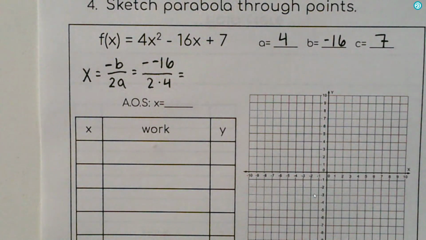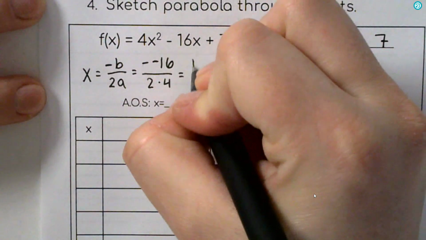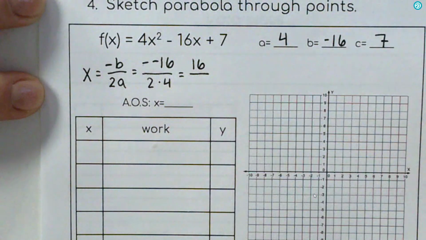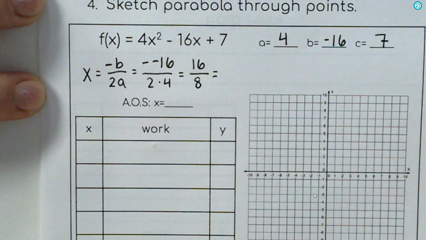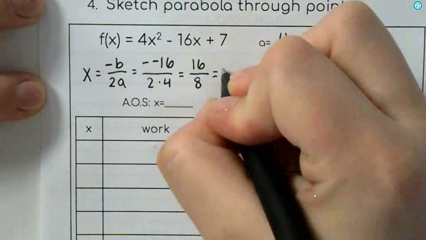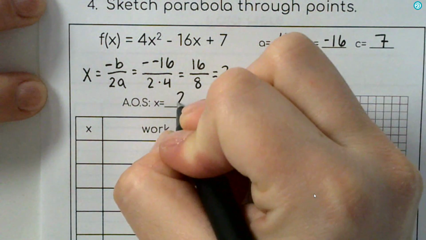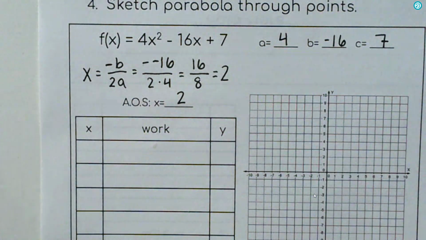Any questions about that? That double negative flips to be positive, so I've got positive 16 over 2 times 4, which is 8. And then 16 divided by 8 is 2. Any questions about finding the axis of symmetry?